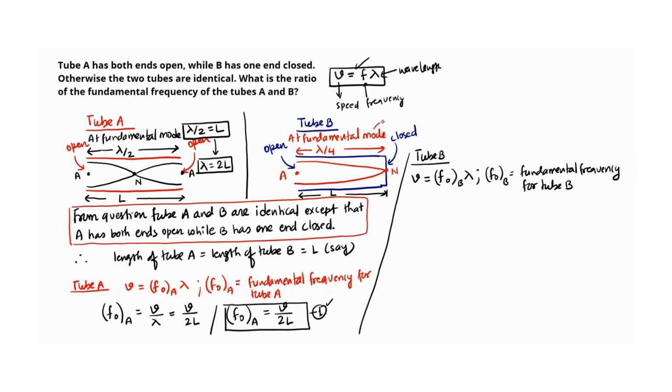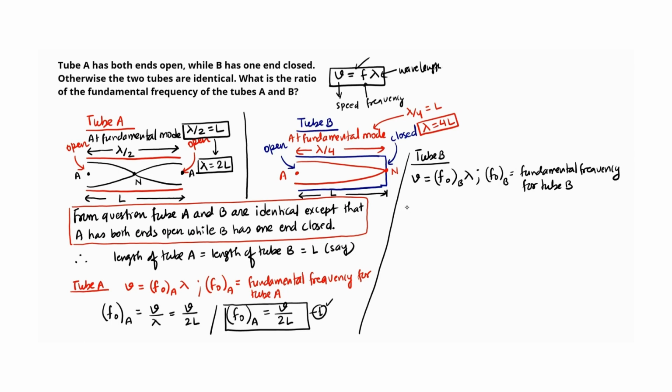So at fundamental mode for tube B, having one end closed, we have lambda by 4 equals L, that is the length of tube B. Therefore, we can write lambda equals 4 times the length of the tube.